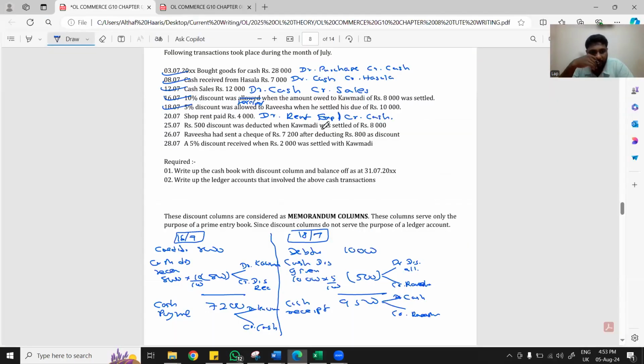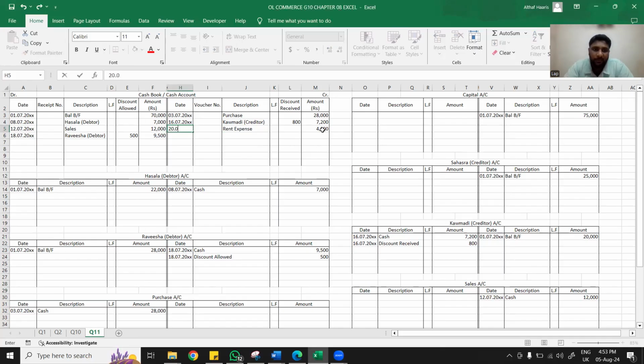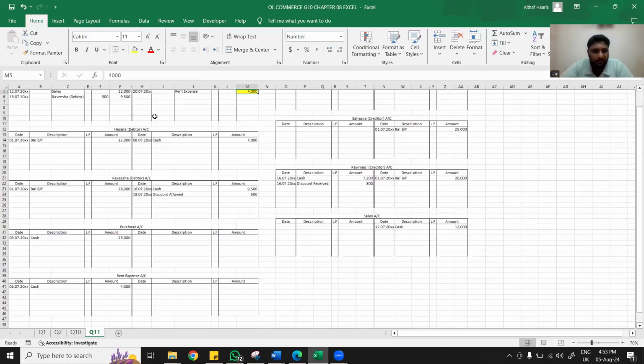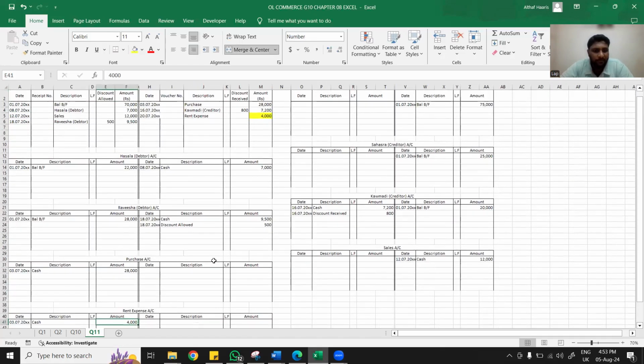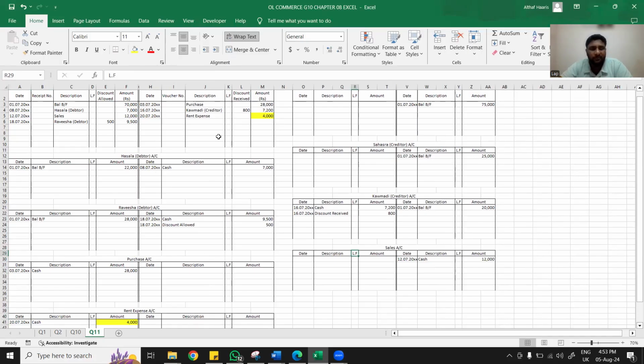What's the date? 27. Debit the cash account, debit the rent account, credit the cash account. Debit the rent account, credit the cash account.